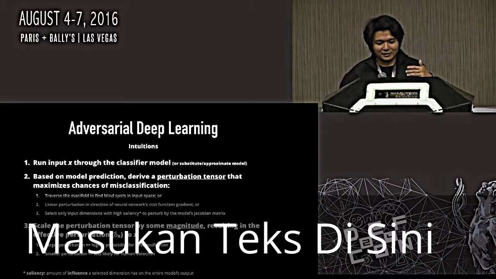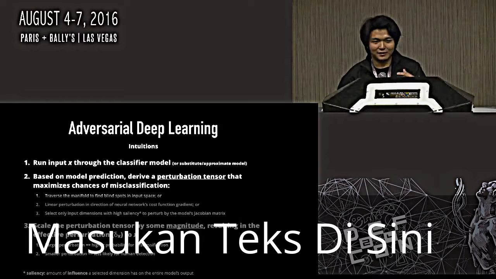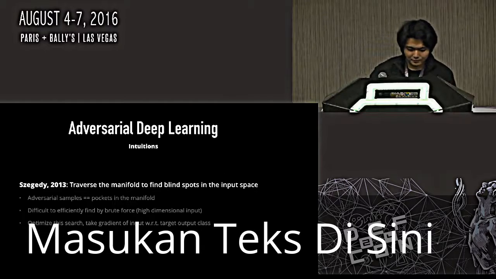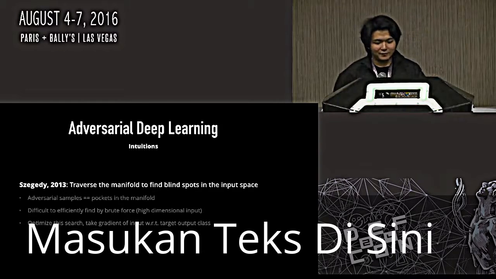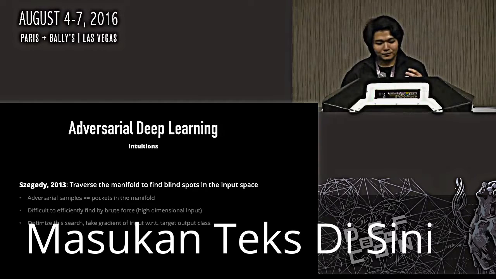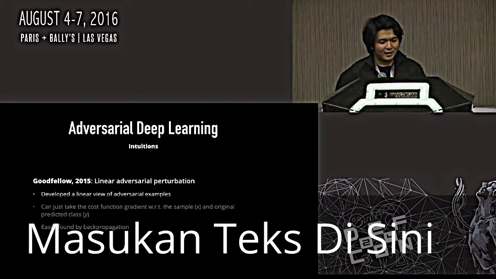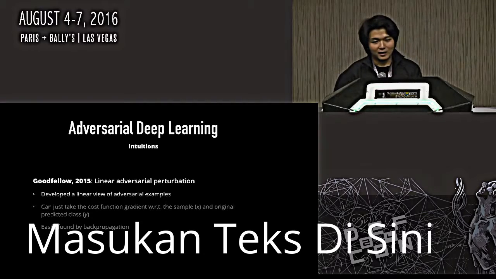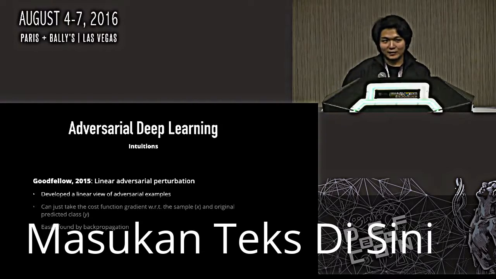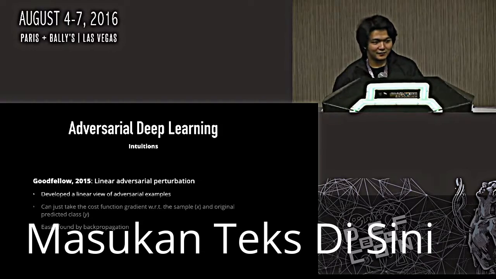And obviously, if you scale the perturbation tensor by a larger magnitude, you have a higher chance of tricking classifiers, but then you also have a higher chance of the human detecting that this looks weird. So a couple of methods. You basically traverse the manifold to find blind spots in input space. There are also optimizations that help you do this more efficiently, in a period of seconds instead of hours.